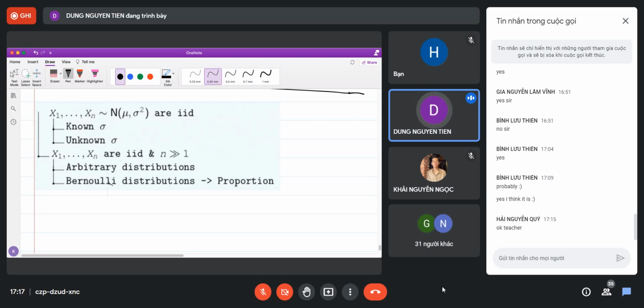All right, so this is the outline of what we are going to study in the whole chapter. And I don't think that we have enough time to go over all the things, but I think the first case will be the more important case.